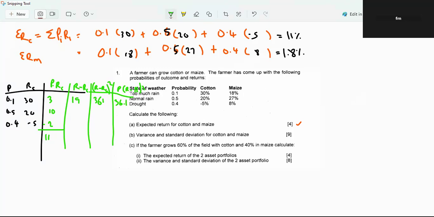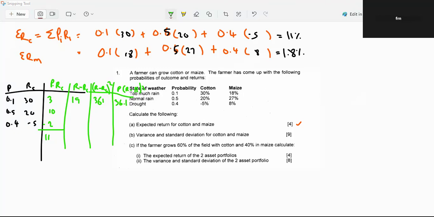So let's do the same with the second one here. You subtract 11 from 20, that's 9.